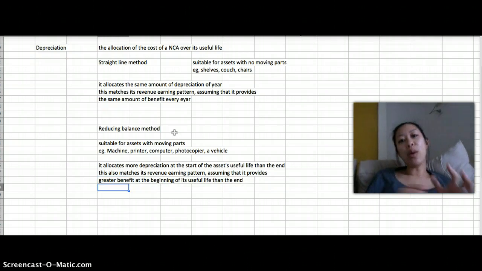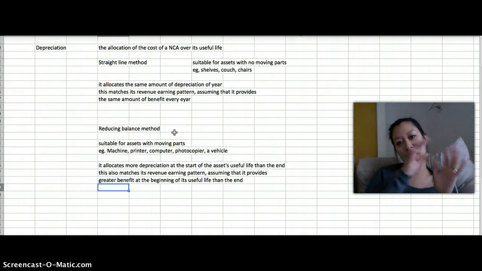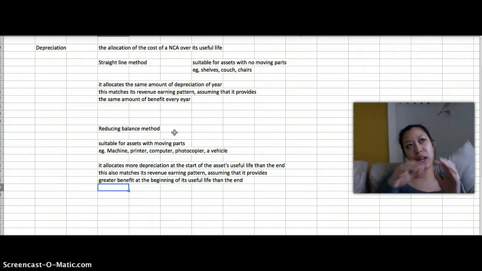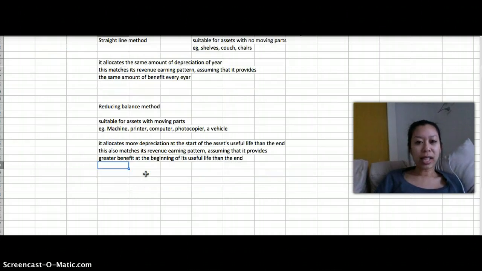So if I buy a car, I would expect to use more of it at the start, or it's more useful at the start, and over the years, it becomes less useful because the parts are worn. So I would depreciate more at the start and less at the end. So that's a key difference.